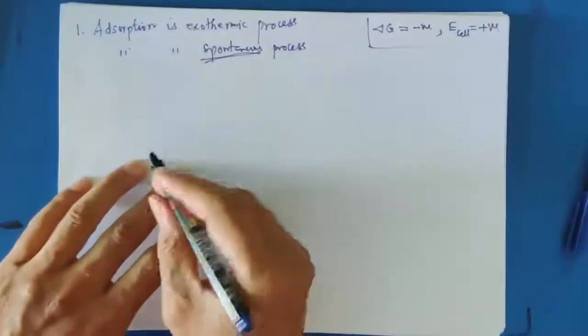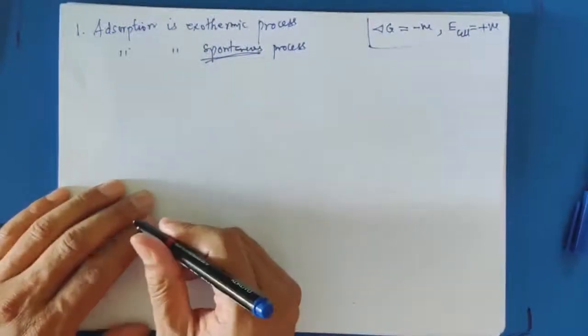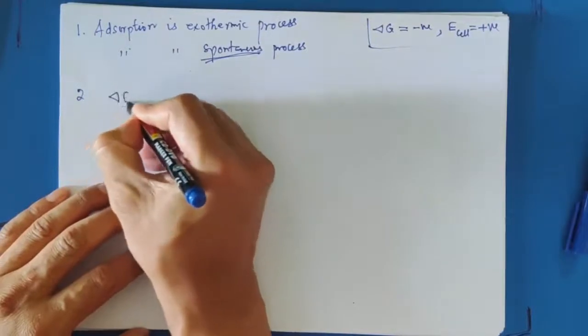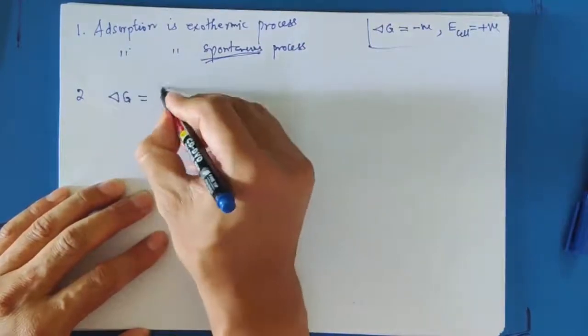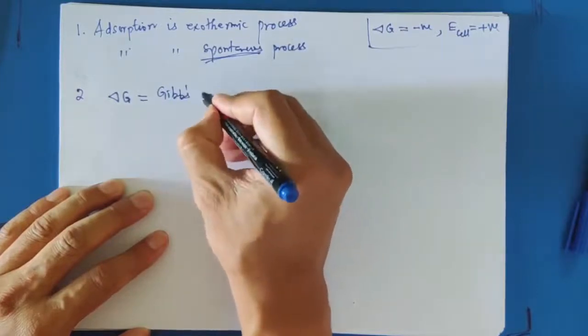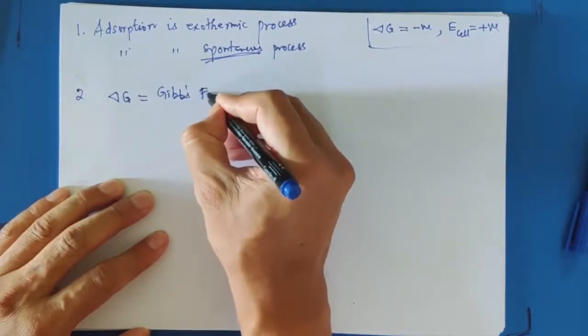And delta G gives free energy. Thermodynamics, basic, gives free energy.